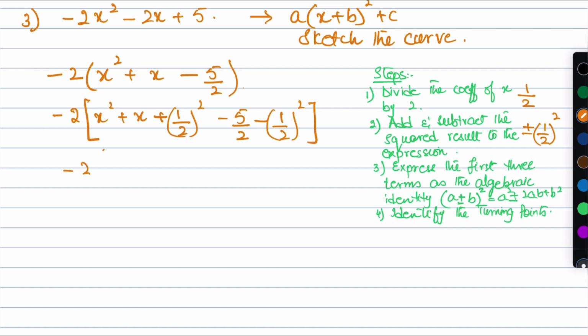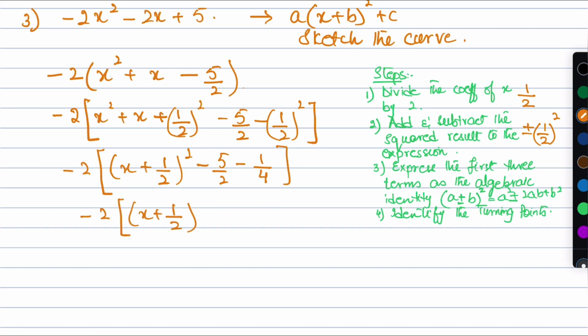Or I can say it's negative 2 and x plus 1 by 2 the whole squared, minus 5 by 2 and minus 1 by 4 here. Solving it, it's negative 2 x plus 1 by 2 the whole squared and minus 11 by 4.